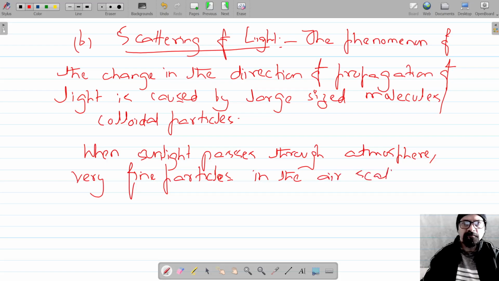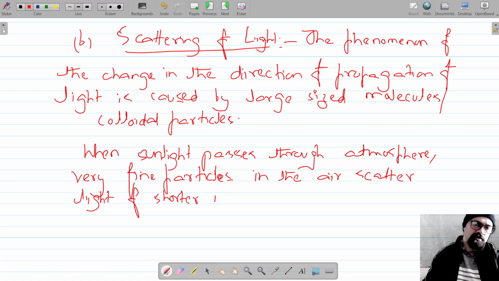scatter light of shorter wavelength, which is blue, because their size matches the order of the size of the blue light.